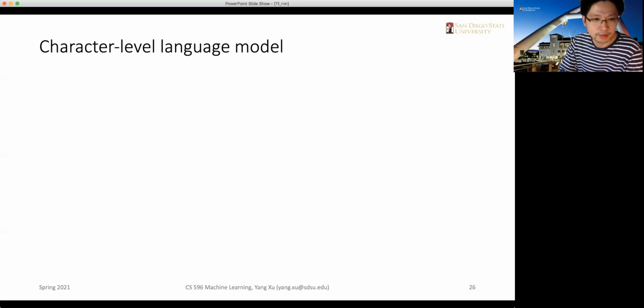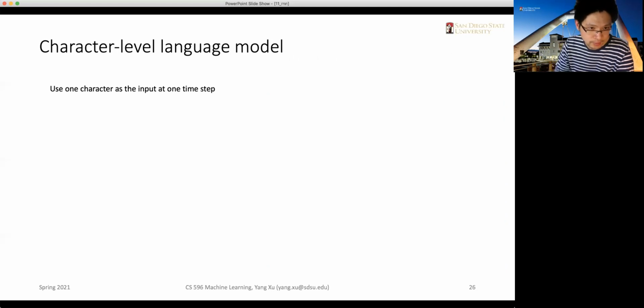So here we are at this point to cover the character-level language model. It's an interesting comparison with the word-based models, because the difference is that we use one character at a time as the input, right?